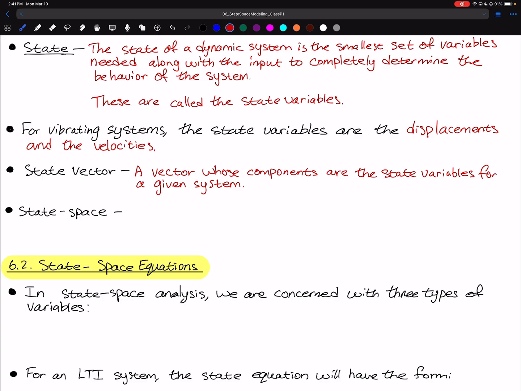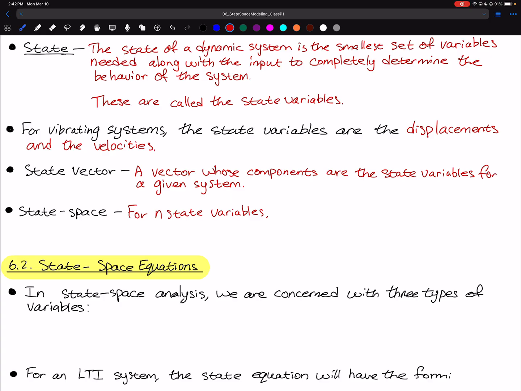Okay then, state space. For n state variables, the state space is the n-dimensional space whose axes correspond to each state variable.